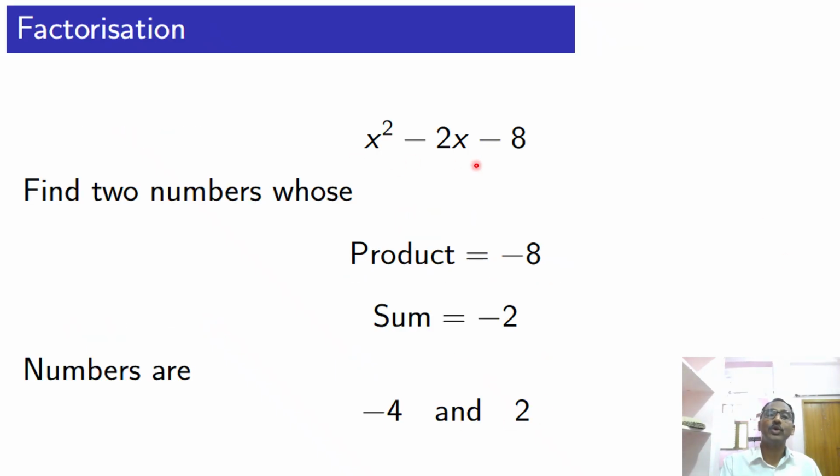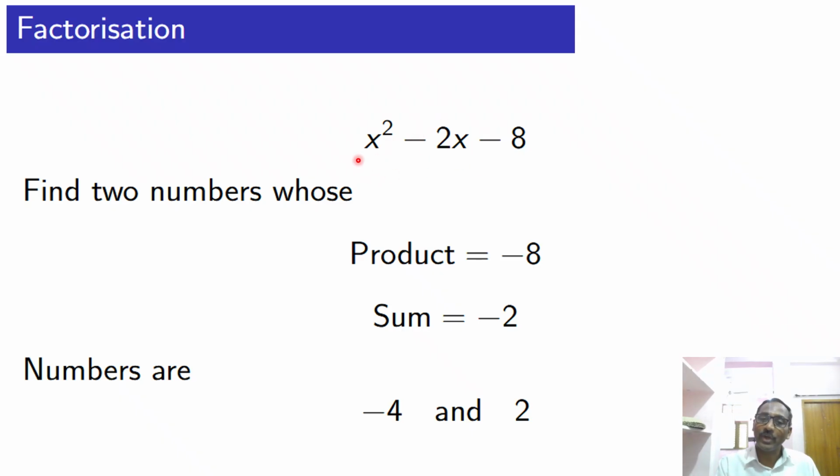So x square minus 2x minus 8 factorization. Factorization means I want to try to split the middle term. If I am able to split the middle term, I will split the middle term and find the zeros. So to split the middle term, I need to find two numbers whose product should be a into c and the sum should be equal to b, the coefficient of x.